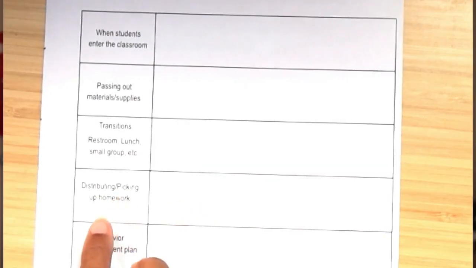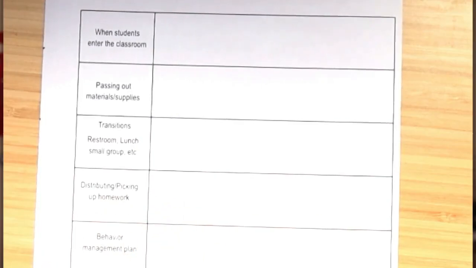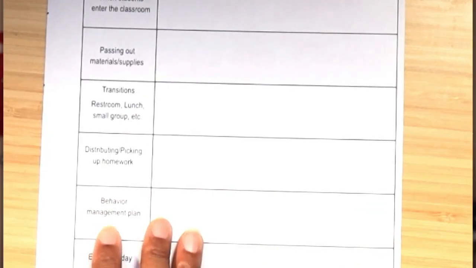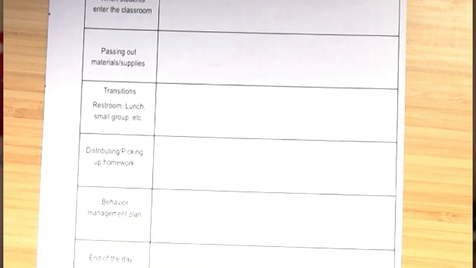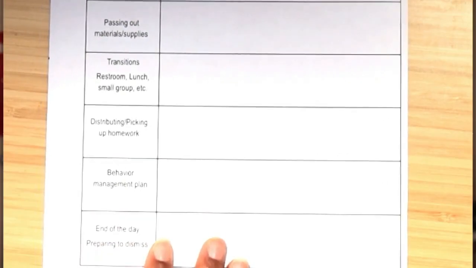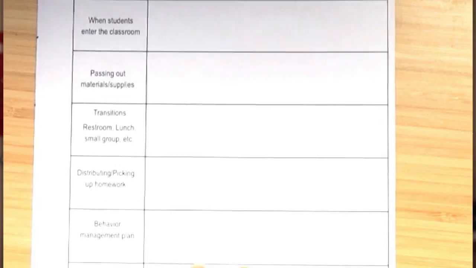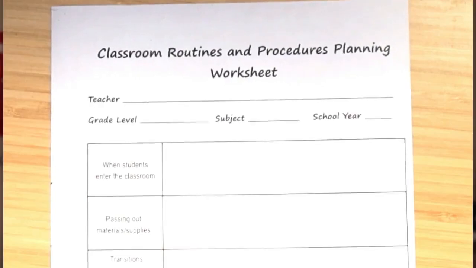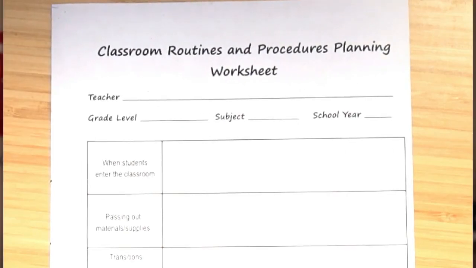Distributing and picking up homework, if you're giving it out on paper and pencil, your behavior management plan, and the end of the day dismissal. Now, you can add to this checklist because this is just general ideas to help you get started with some routines and procedures that are common in most classrooms.